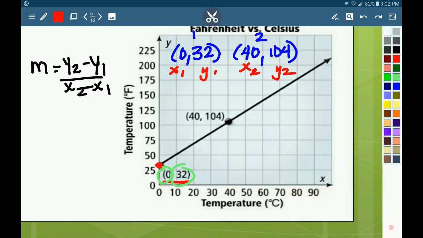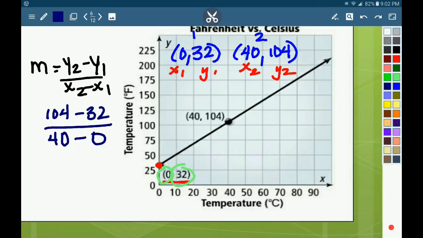So when I plug into my formula, I have 104 minus 32 over 40 minus 0, which is 72 over 40.